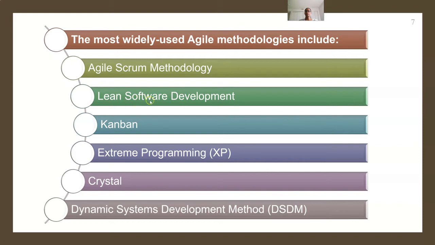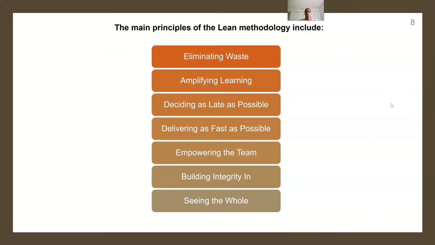We shall see Lean software development now. The main principles of Lean methodology include eliminating waste, amplifying learning, etc. Lean software development is an iterative Agile methodology that focuses the team on delivering value to the customer through effective value stream mapping. In Lean methodology, there is a value to whatever product we have delivered.